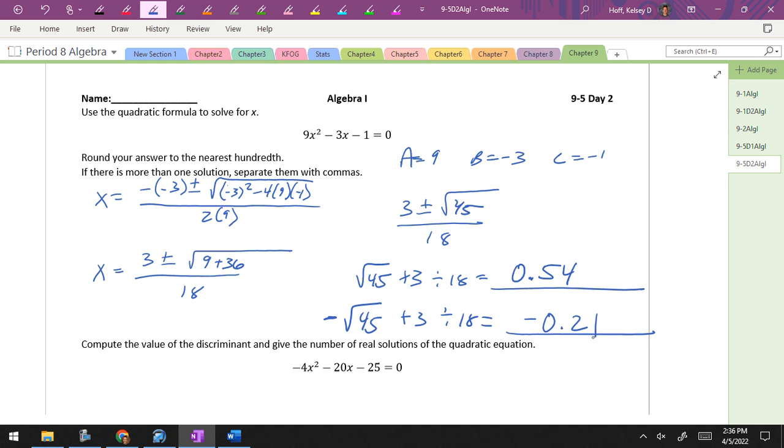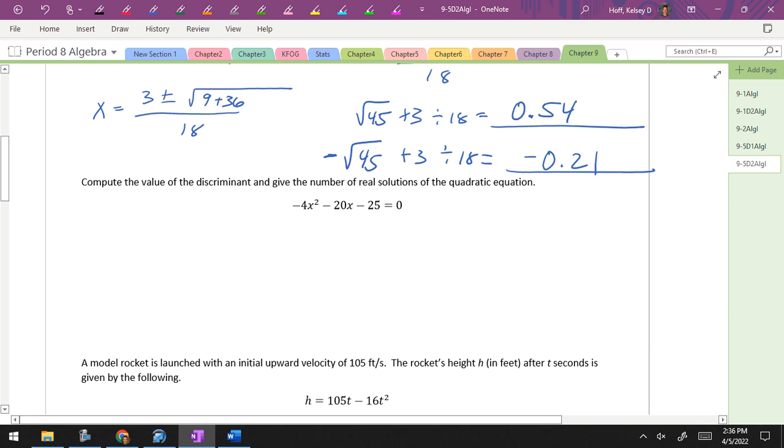The next one, the discriminant. Remind me what the discriminant is. Okay, what part of the formula do we use? Okay, b squared minus 4ac. Compute the value of it and tell me how many solutions you have.